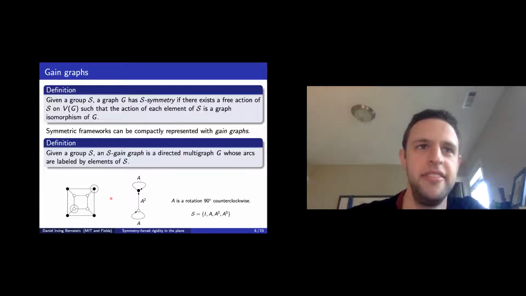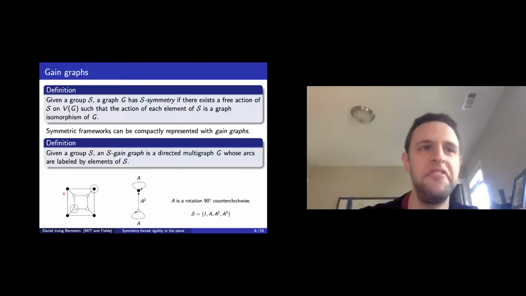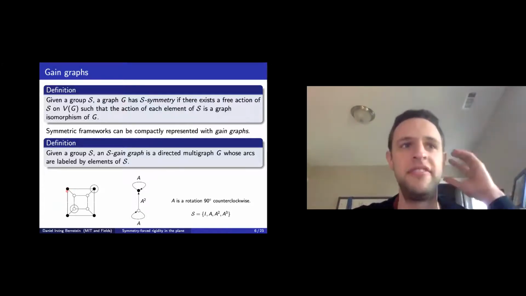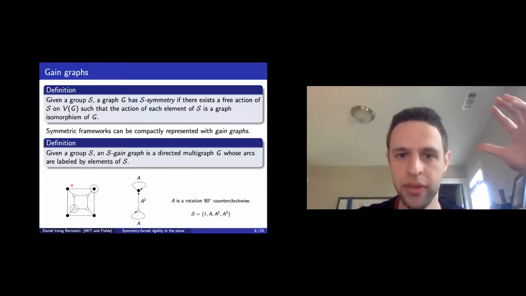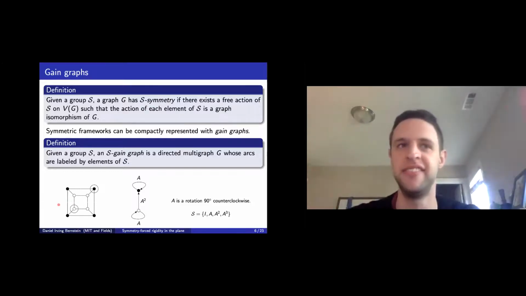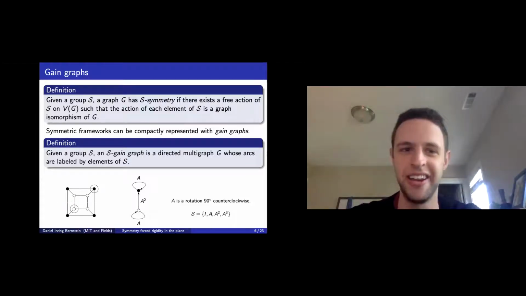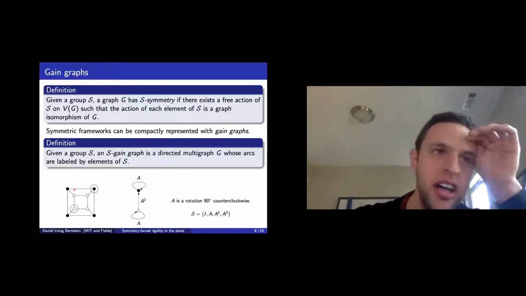This is a simple concept that's just difficult to state without it looking confusing the first few times, but it's easy to see in an example. This graph is symmetric with respect to the cyclic group of order 4. And intuitively what that means is if you rotate it 90 degrees, it looks the same. That intuition is sufficient for this talk.